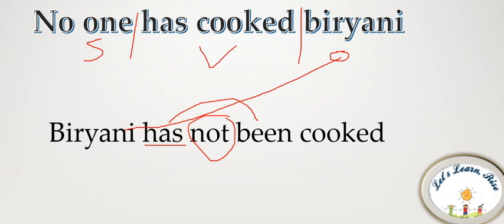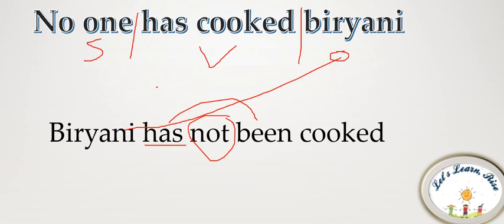Again explain in brief. We have subject no one, so no one means negative form, has cooked as a verb, biryani as object. The first rule, biryani goes to subject. Second rule is present perfect, so we have to write have or has. The subject is singular form, so we have to write has here. Then we need to add not because we have no one.